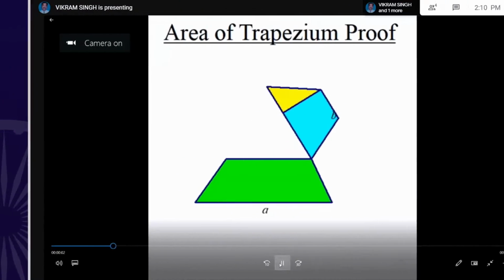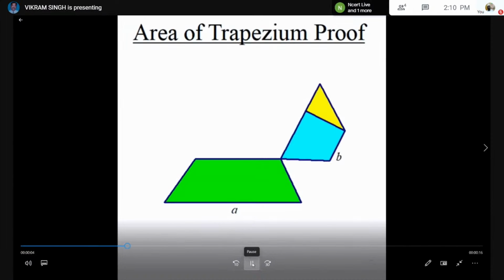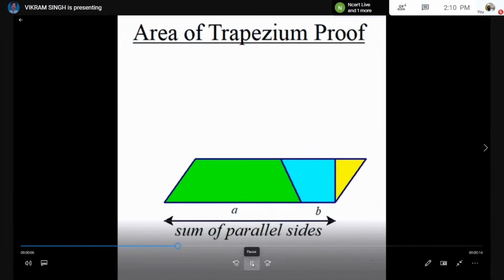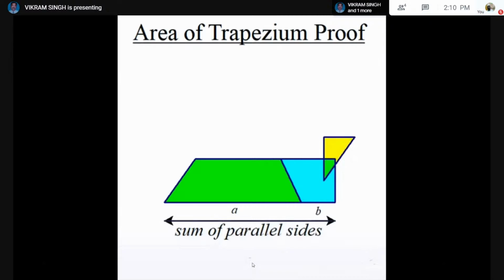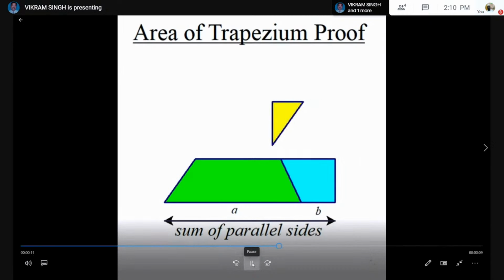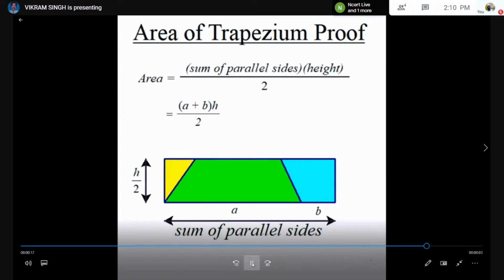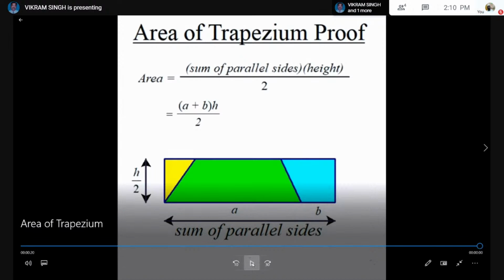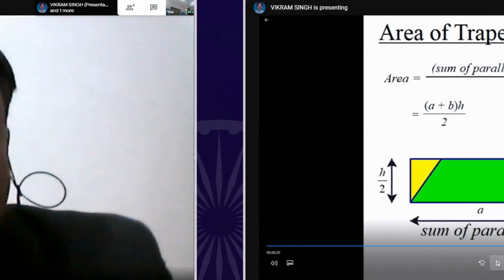Let us see. As you know, the area of the trapezium is the sum of the parallel sides multiplied by height and divided by 2.